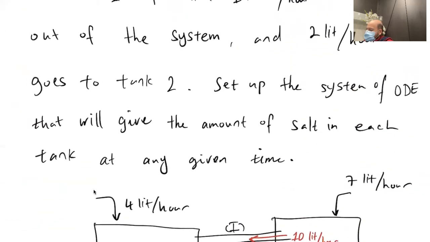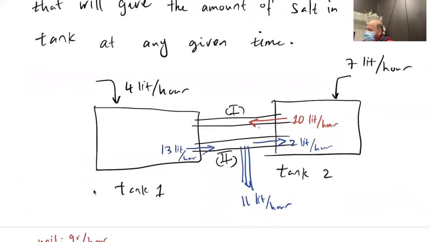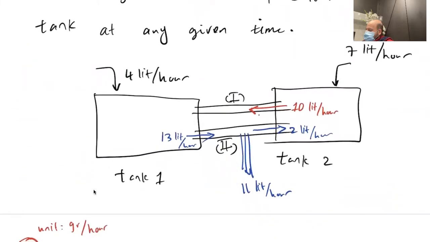So we have some water going into tank 1, some water going out from tank 1. Now 10 liters goes to tank 1, 13 liters goes out.